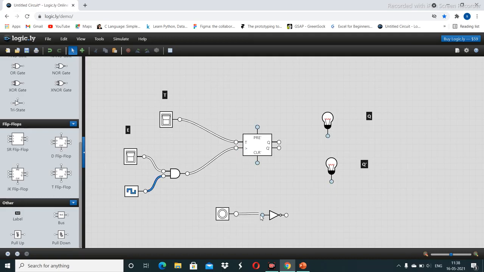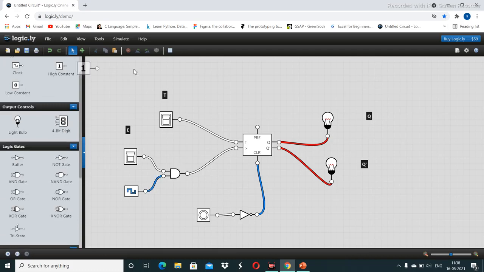Now the push button is connected with the NOT gate, and is directly connected with the NOT gate and also with the CLR. Now Q and Q dash are connected with the respective outputs. Here we also need a high constant, which is directly connected with the P.